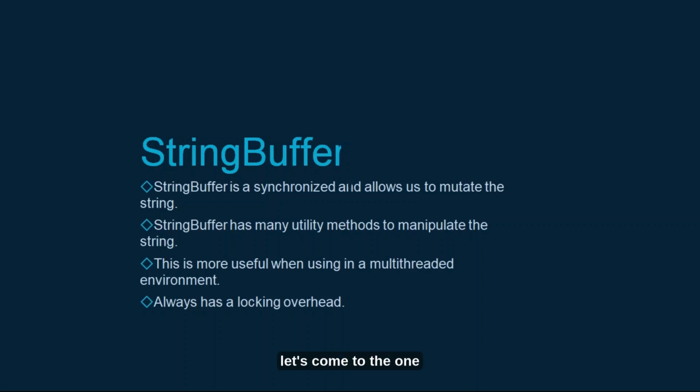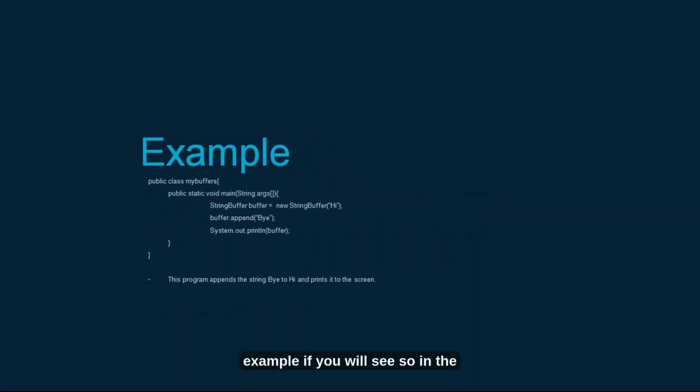Okay, let's come to one example. In the program, suppose that you have a class MyBuffer, there is a main method, and you are creating one object. StringBuffer is the reference variable, then the assignment operator, new StringBuffer, and here you want to create a value as hi. So you are creating one object, StringBuffer buffer equal to new StringBuffer hi.